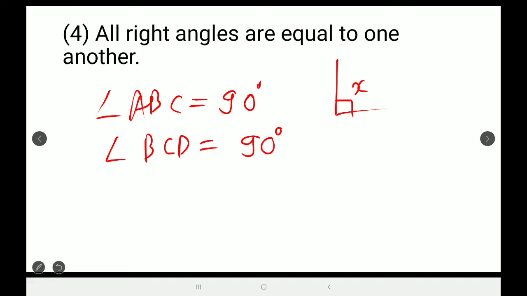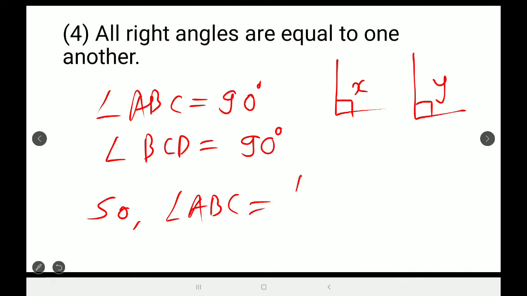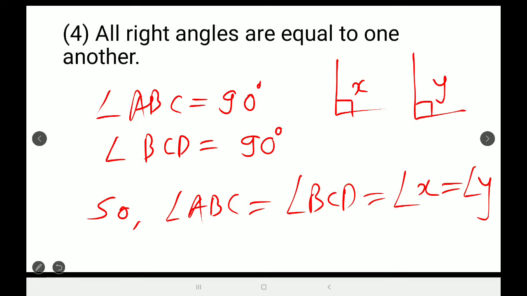We can say this angle x is 90 degrees, and this angle y is also 90 degrees. So we can write angle ABC equals angle BCD equals angle x equals angle y. It means all right angles are equal to one another, because a right angle means 90 degrees.